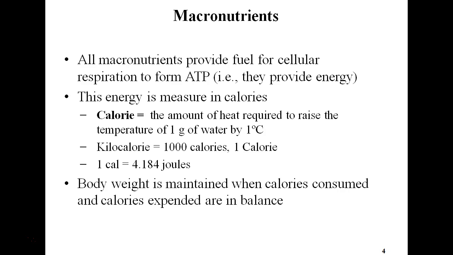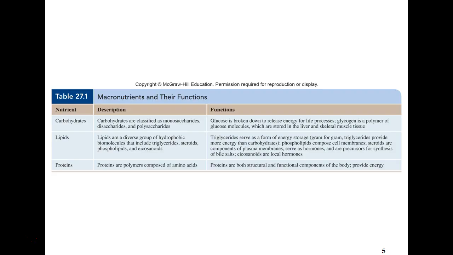We can also convert that calorie to 4.14 joules. Body weight of the human body is maintained when calories consumed and calories expended are in balance. We'll talk about that a little bit more in the end. Here's a helpful diagram. Always a good idea to push pause on the YouTube video and read it over.